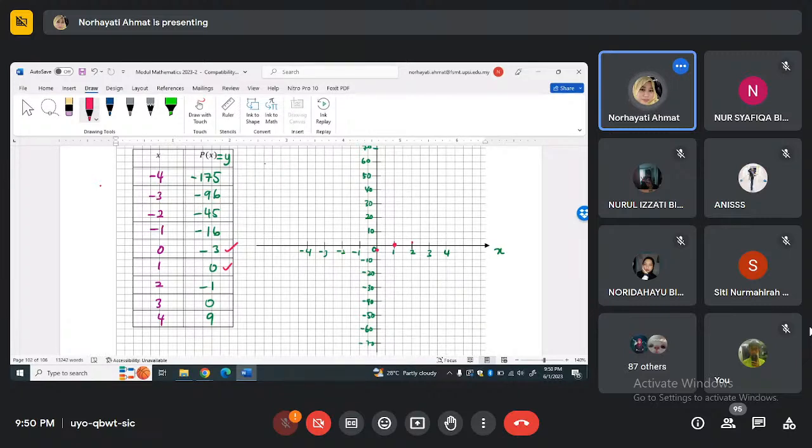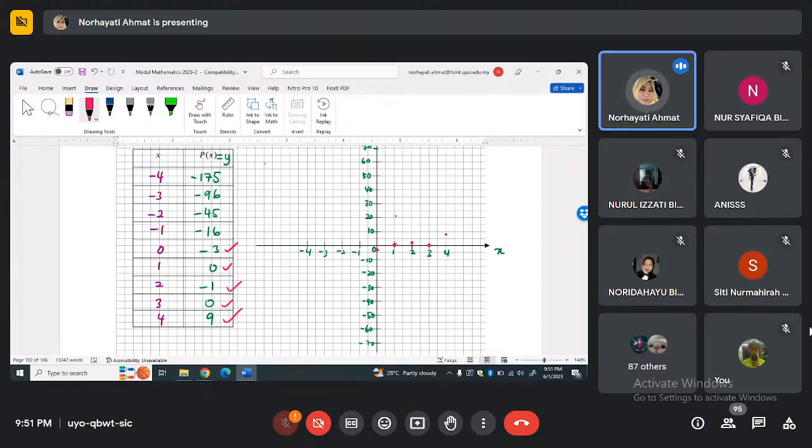Very small here. It's okay, we just sketch. We won't get the exact shape, that's fine. At least we see its position. Next, when x is 3, P(x) is 0. And when x is 4, P(x) is 9. It's here. Alright, so we have done the positive side.